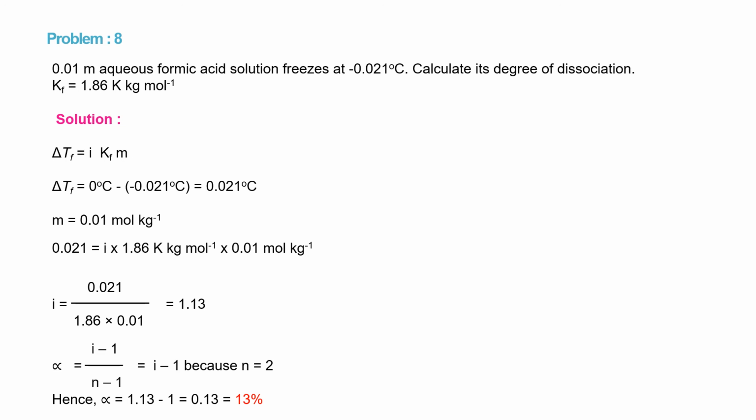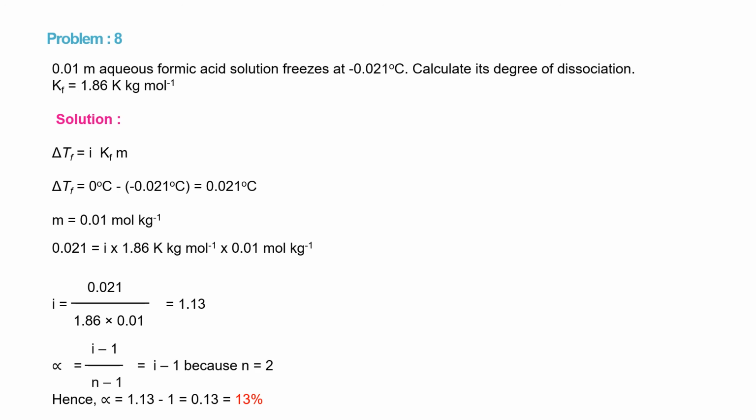Alpha is equal to i minus 1 upon n minus 1. Here i is known to you, that is 1.13, and n is 2. So alpha is equal to 1.13 minus 1, which is equal to 0.13, which means that is nothing but 13%.